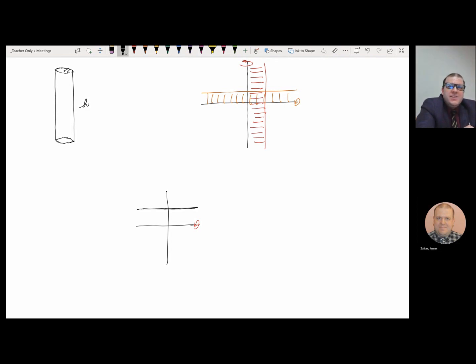We want a height h. Well, if you rotate this to form the cylinder, the height would be the distance along the x-axis, right?